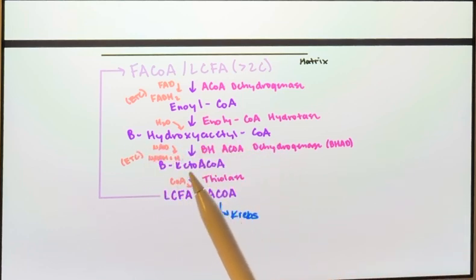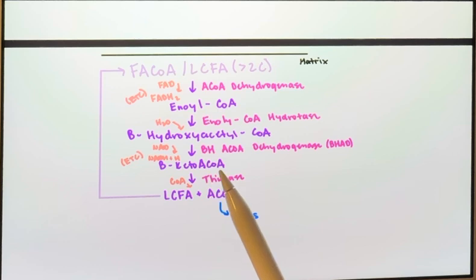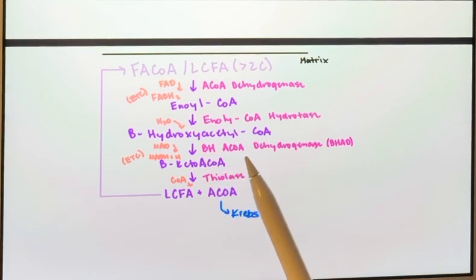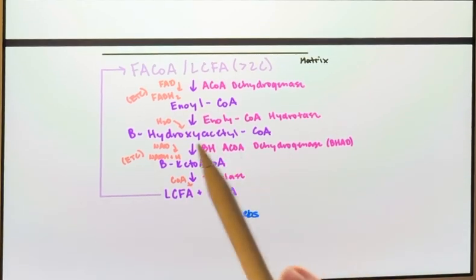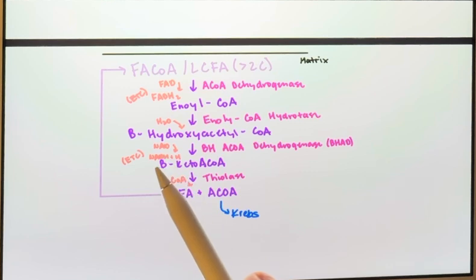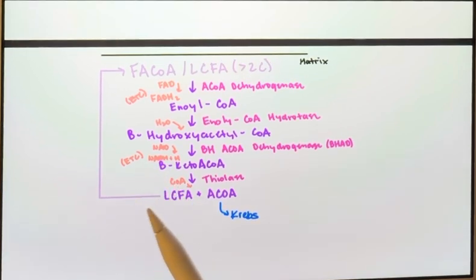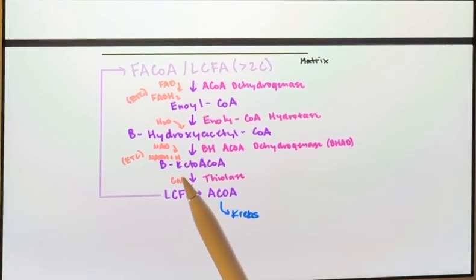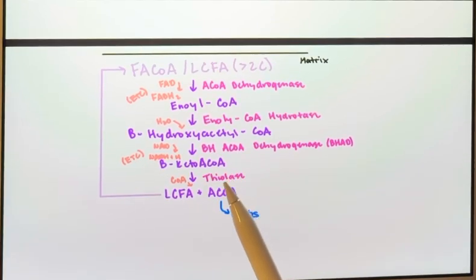This molecule will be converted to beta-ketoacyl-CoA through the enzyme beta-hydroxyacyl-CoA dehydrogenase, or BHAD, and this is where NAD will be converted to NADH plus H, and that NADH plus H will also go to the electron transport chain. Then this beta-ketoacyl-CoA will be converted to the long chain fatty acid, as well as producing 2-carbon acetyl-CoA through the enzyme thiolase, and coenzyme A will be added.